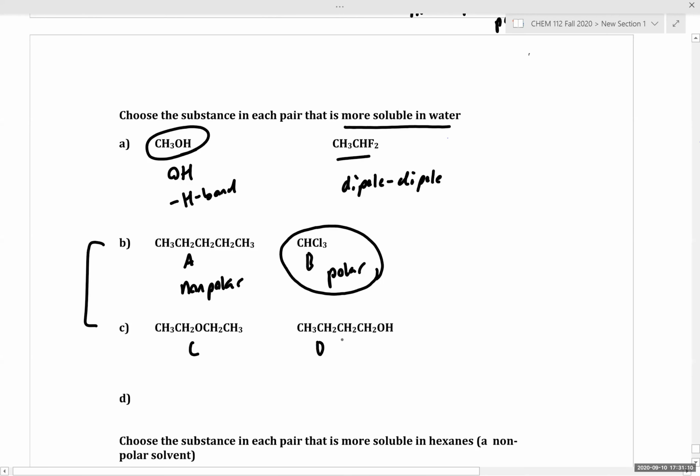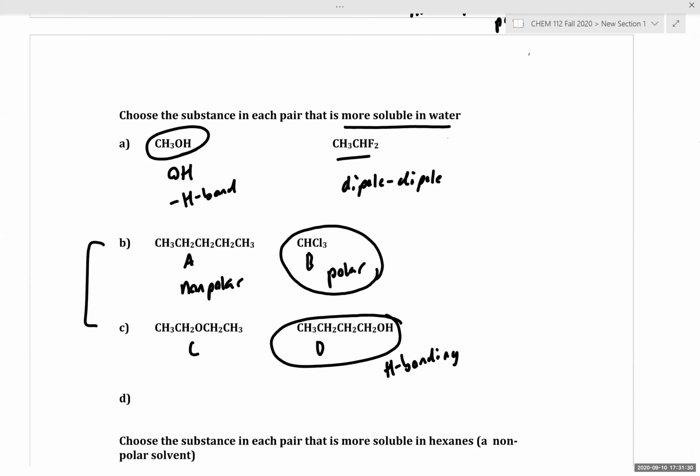So if we compare C and D, as the students have pointed out in the chat, structure D would be more soluble in water because it's capable of engaging in hydrogen bonding interactions. Yep, so that looks exactly right. Any questions on these examples?